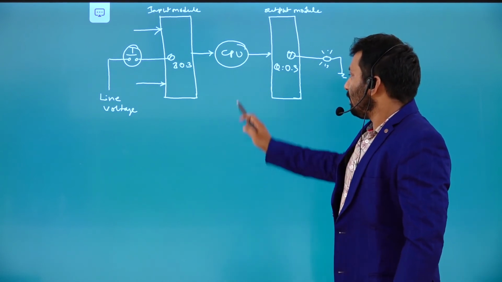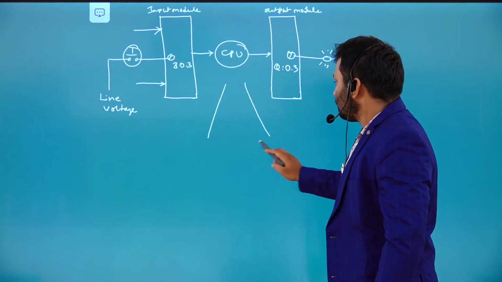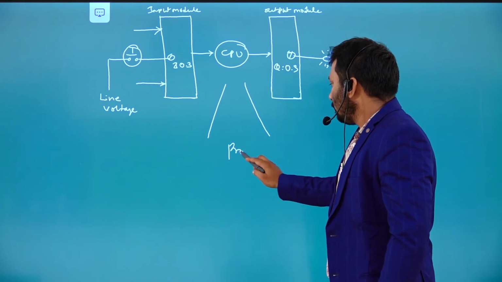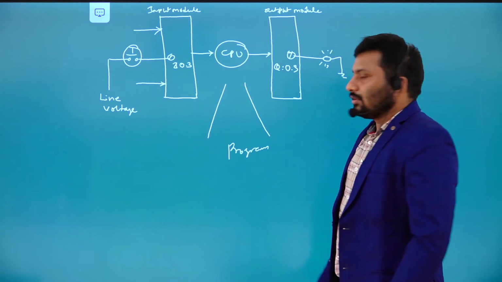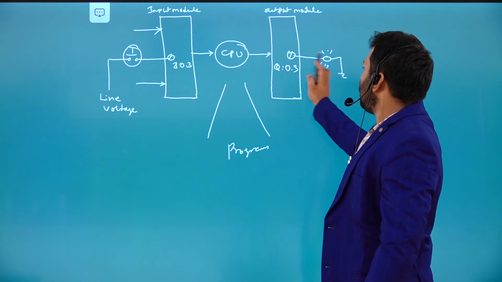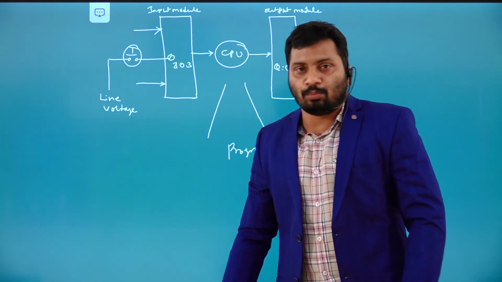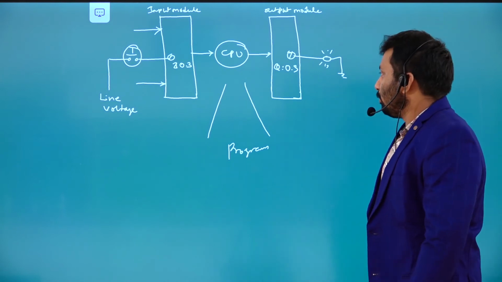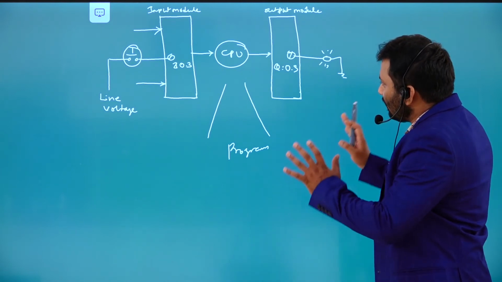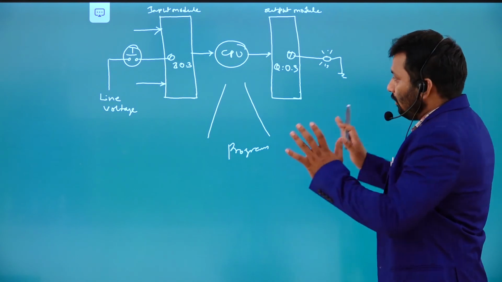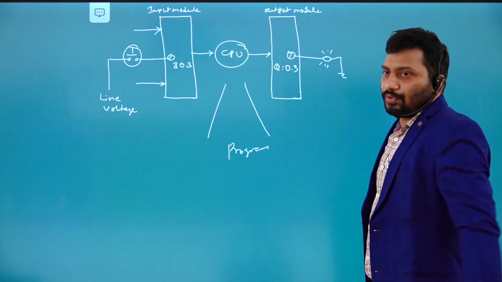The CPU is going to execute some program, and it is going to control this particular light which is connected to the fourth terminal of the output module. So you can see everything here is hardware only.